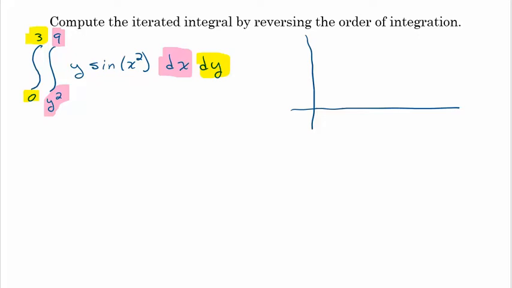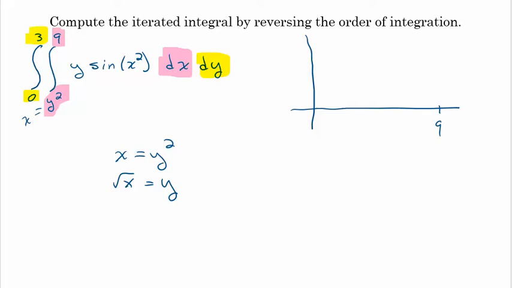So if I know my x is going from y squared to 9, I could put this 9 out here. That's great. But this is x equals y squared. All right, what does that look like? Well, if I took the square root of both sides, I'd get y equals the square root of x.